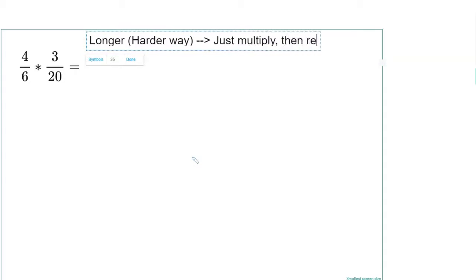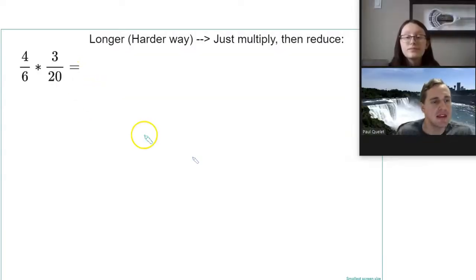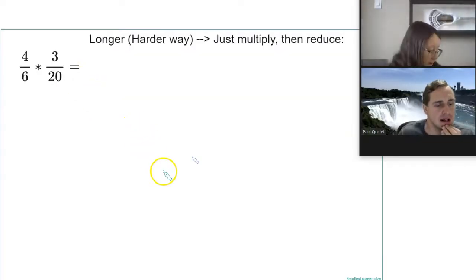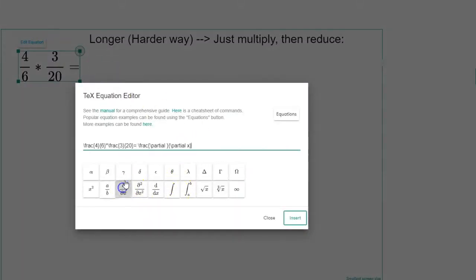Okay, so let's do the longer or the harder way, which is to just multiply, then reduce. So how would you multiply these across to get a fraction that results? I would start with the numerators, which is 4 times 3, which equals 12.